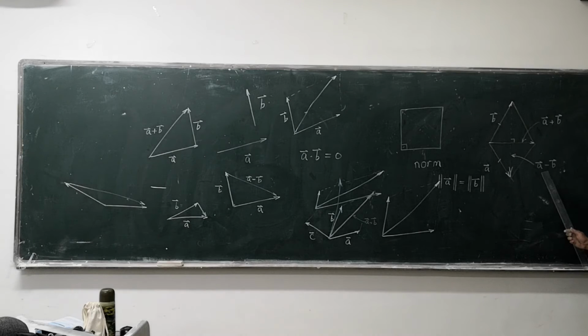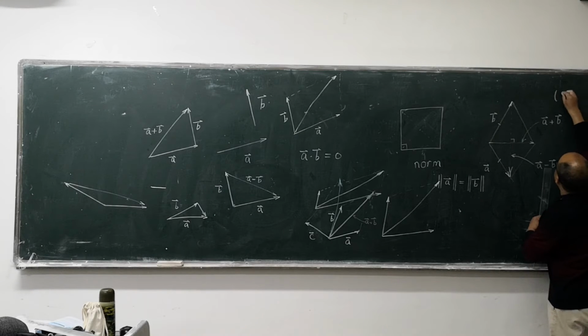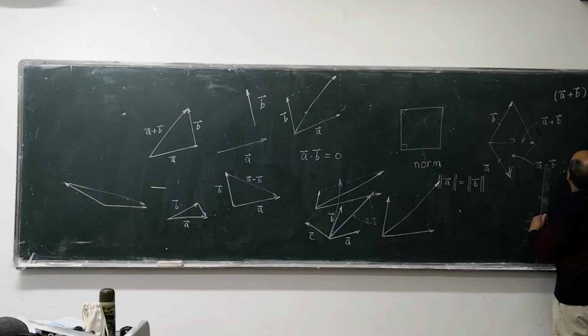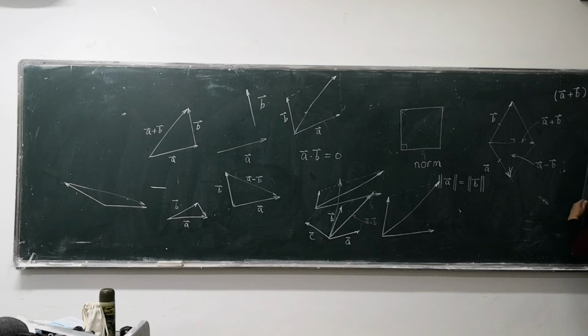So this vector dot this vector, are they zero? If they are zero, then we proved this one and this one are vertical. Okay, we do it.